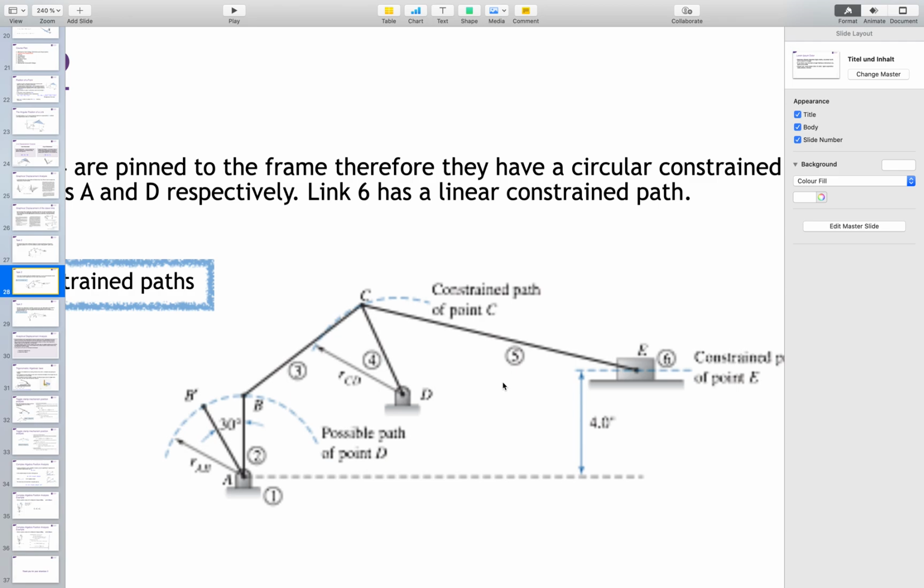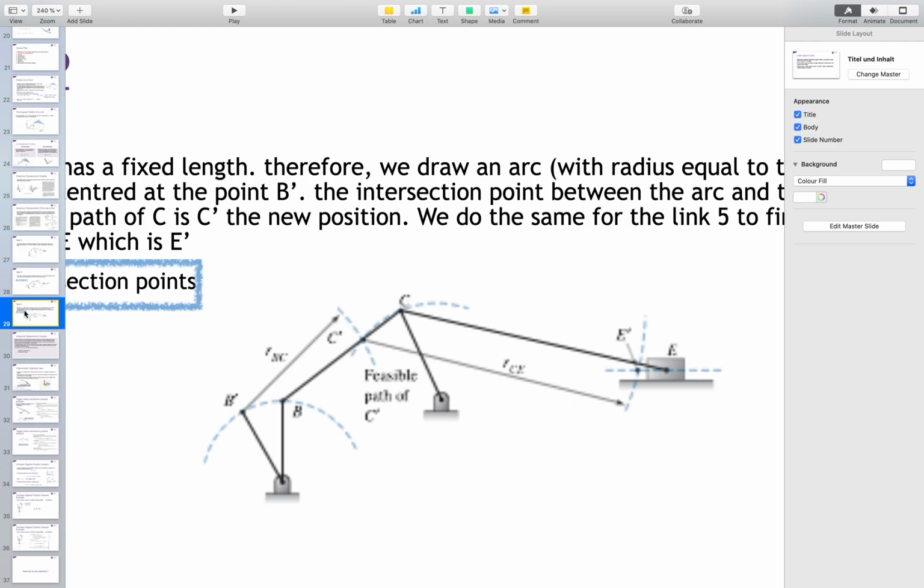Then the next thing to do is, starting from this point, draw another arc that has the radius of BC, because this also doesn't change. And this way we estimated the new position of point C, which is C prime.